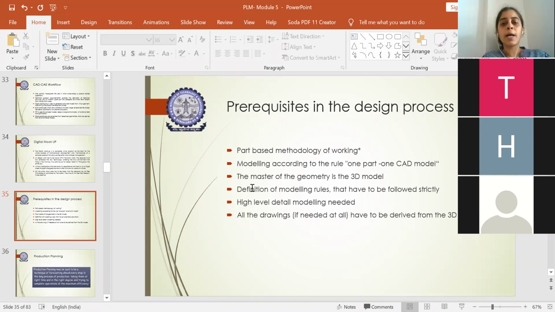Next, the master of the geometry in the 3D model. The models you create should be three-dimensional only, not two-dimensional ones. And he should be thorough with the definition of the modeling rules. Every modeling has certain rules, formalities, and mathematical equations which you follow to get different types of mathematical models.